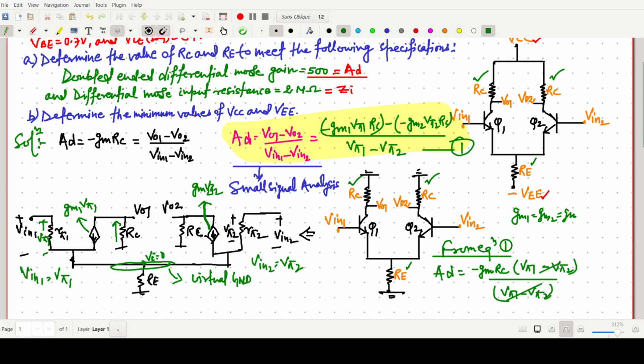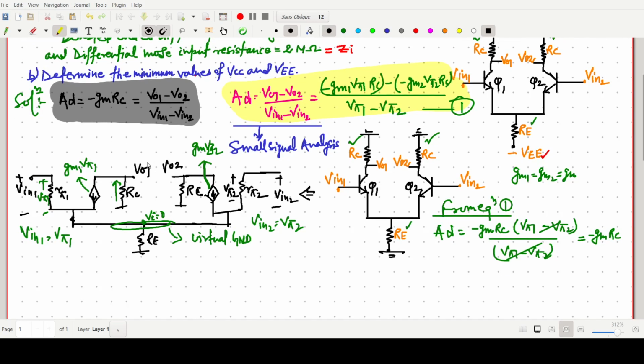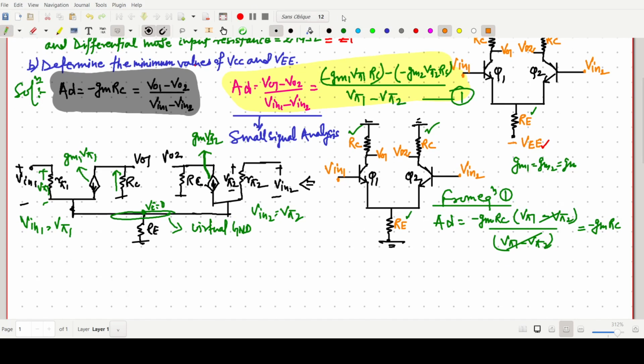So the differential gain will be simply minus GM RC, which I have already derived, but I am just doing all these things for practice. If someone is new, then they have to know this concept. So it should be this formula I will use. That's why I have proved this concept also. Now next, this one is all about the differential mode gain.